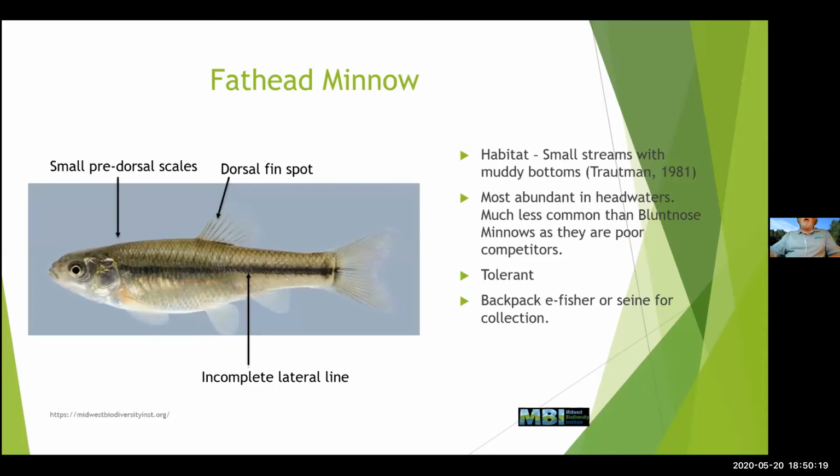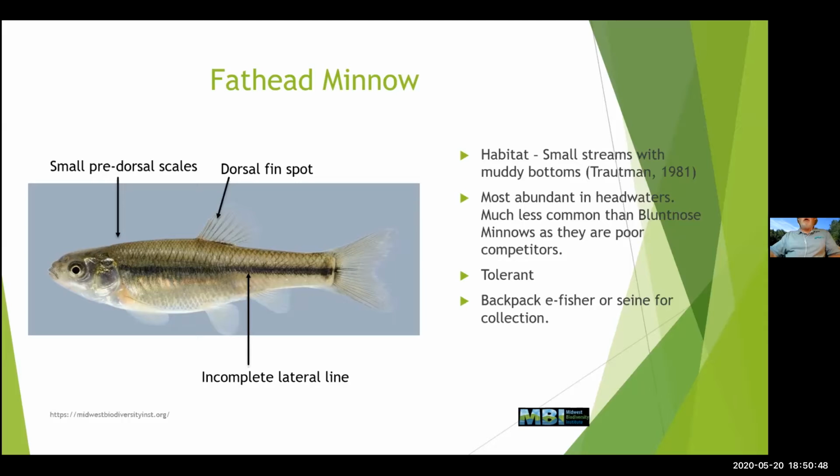Fathead minnows are really similar, same genus. They also have the small predorsal scales. They can have that dark lateral stripe, but generally it's much less pronounced than a bluntnose minnow. They like muddy bottoms and small streams, and they're even less decent competitors than bluntnose minnow.